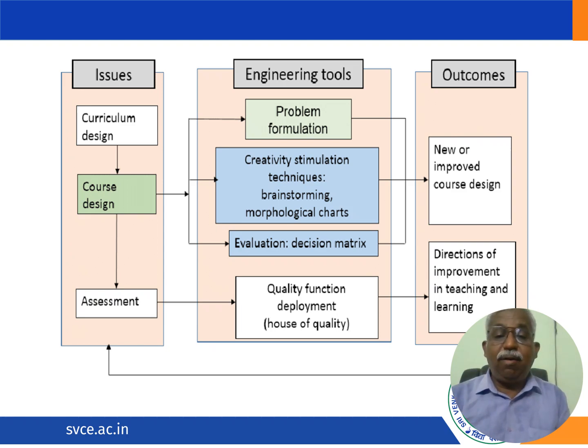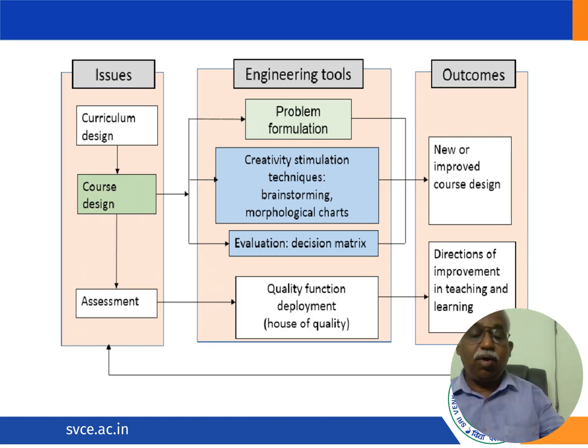The direction of improvement in teaching and learning is also involved. So the problem statement says curriculum design, course design and assignment. The outcome here is a new improved design course and the direction of the teaching and learning process.